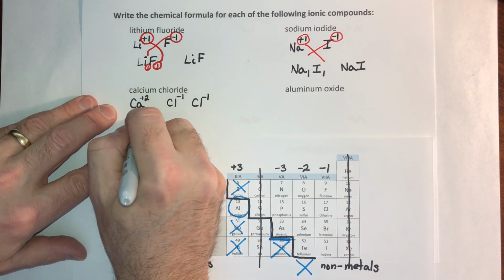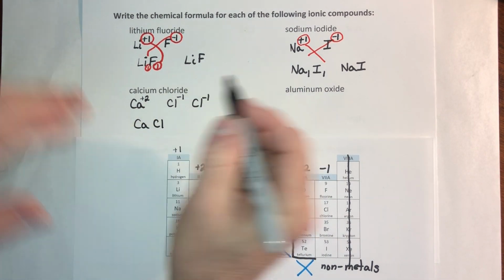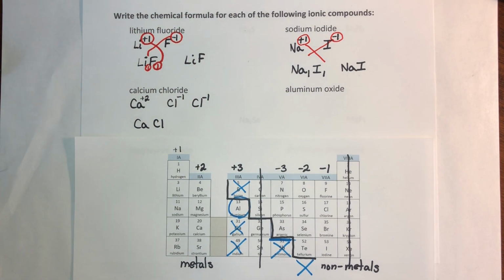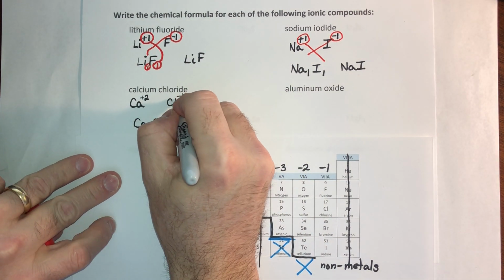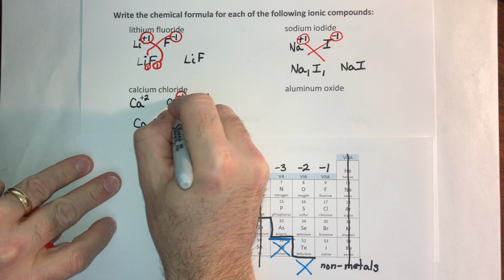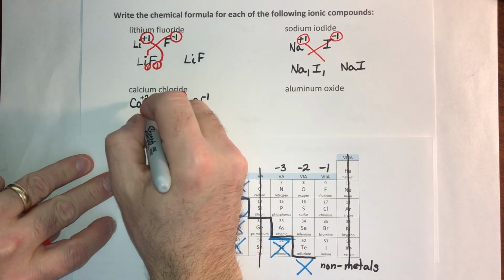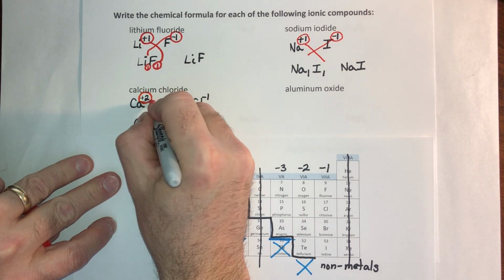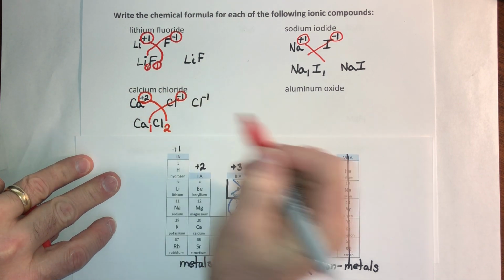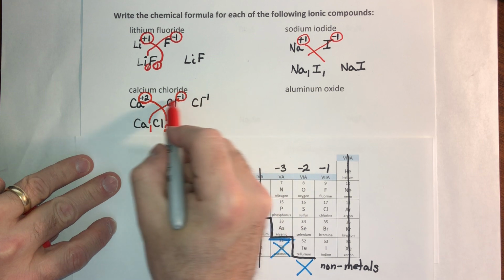Or you can simply do the switch the charges thing, right? The charge on a chloride is minus 1. Therefore, you only need 1 calcium. The charge on the calcium is 2 plus, so you need 2 chlorides, which is exactly what I just saw, right?